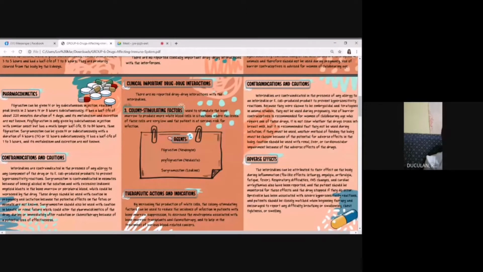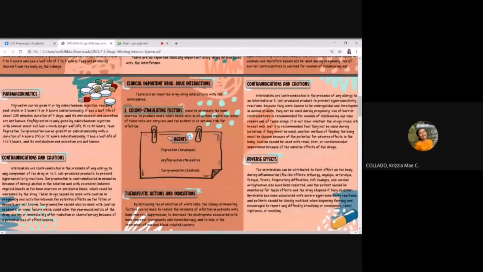If they must be used, another method of feeding the baby must be chosen because of the potential for adverse effects in the baby. Use with caution in renal, liver, or cardiovascular impairment because of the adverse effects of the drug.